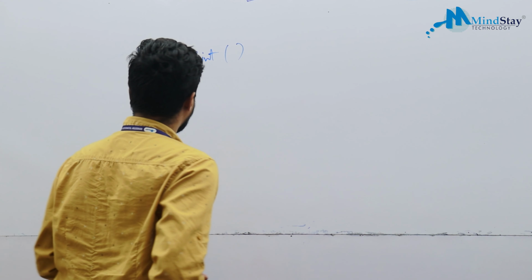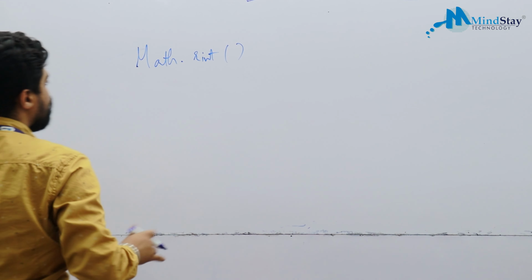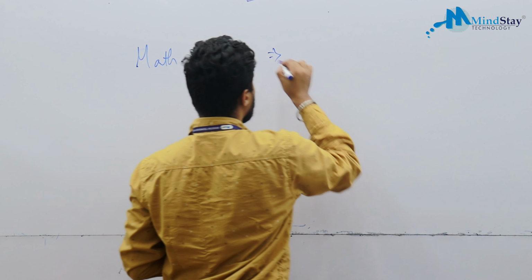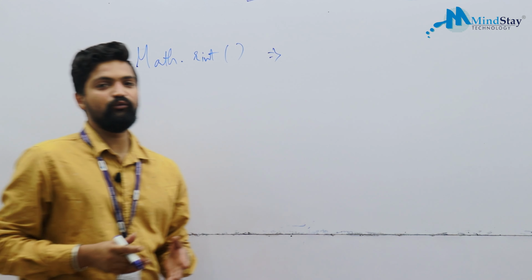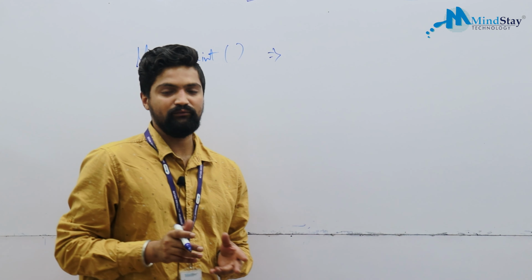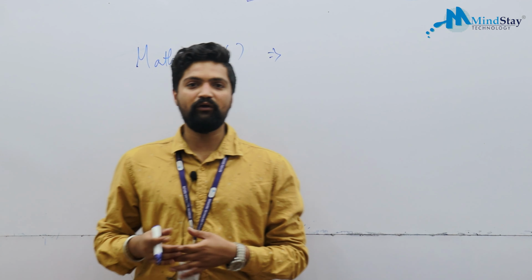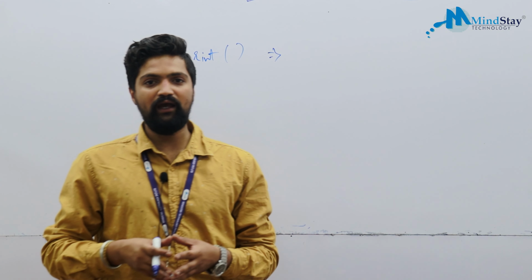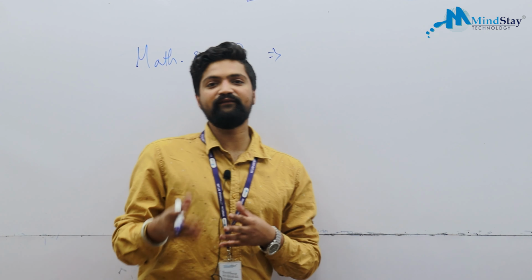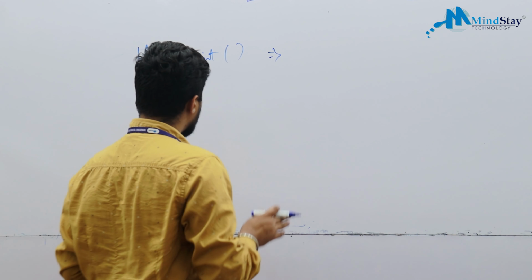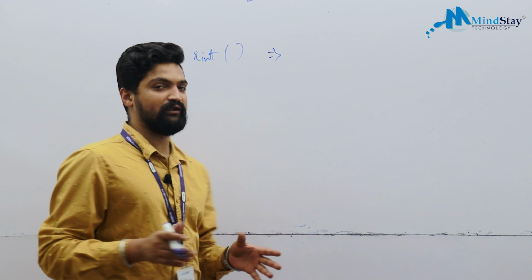Now what is this math.rint? It's a system defined function which truncates, that is, deletes the value after the decimal. After the decimal it truncates that entire value. So let us see an example and you'll understand what it is.